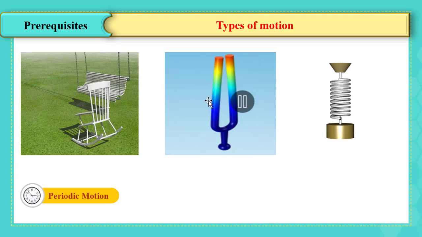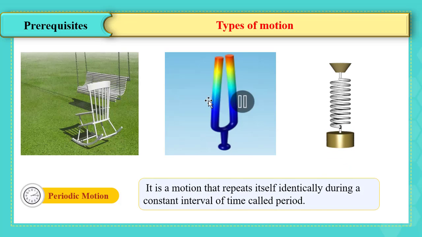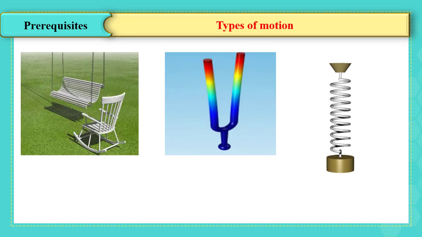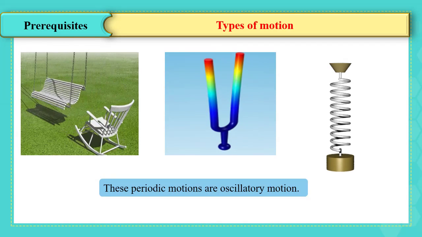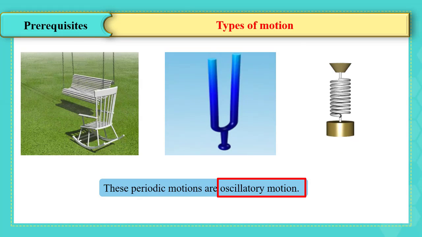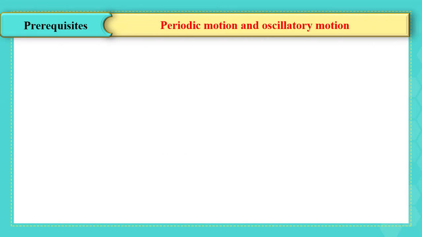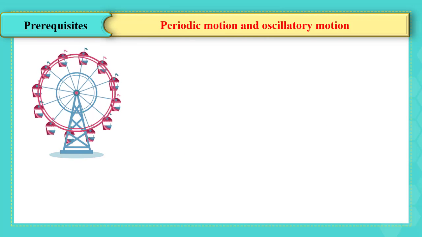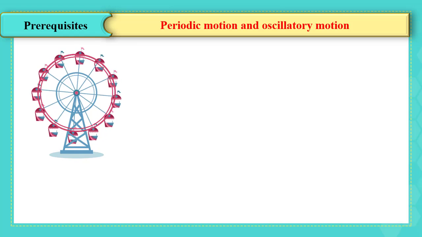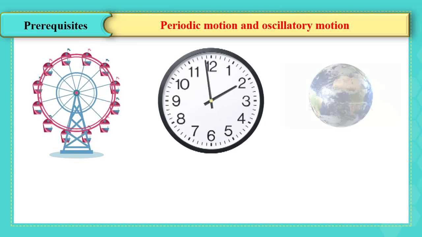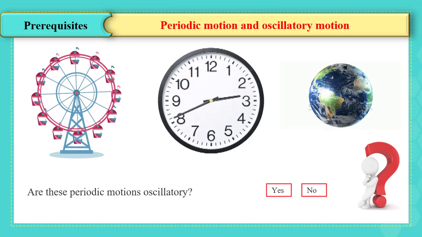What is periodic motion? It is a motion that repeats itself identically during a constant interval of time called period. These motions are oscillatory. But the question is, are all periodic motions oscillatory motions? Check these motions and then I will repeat the question. The Ferris wheel, clock, earth, all these are periodic.